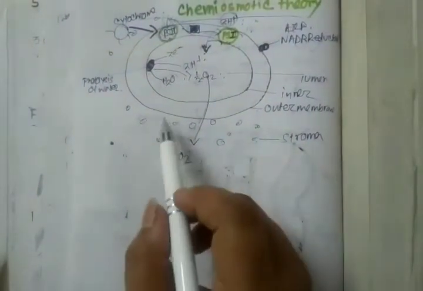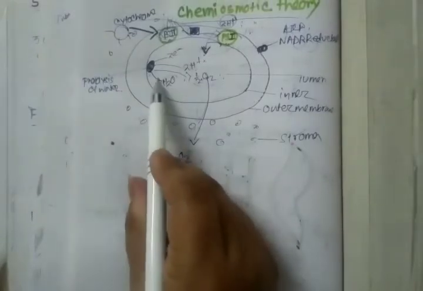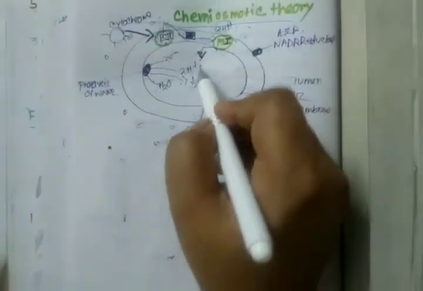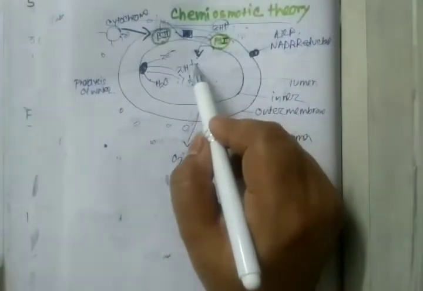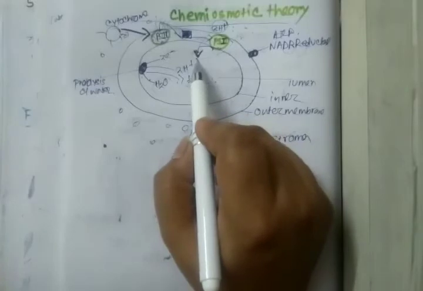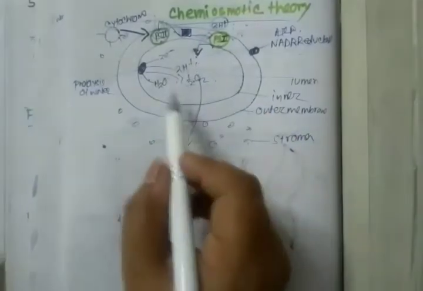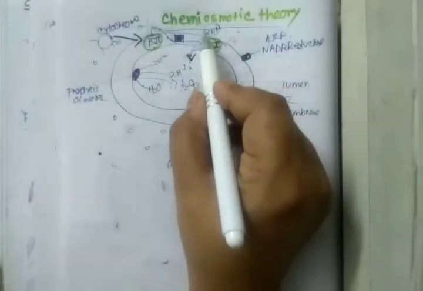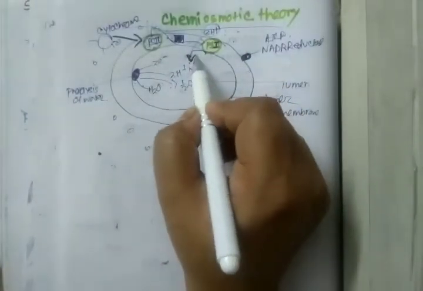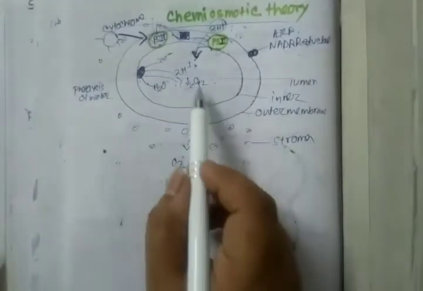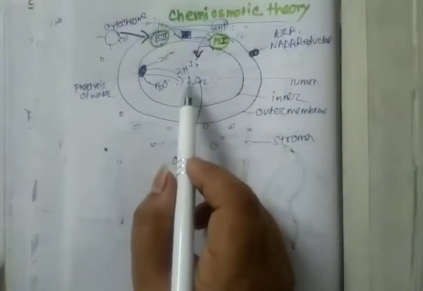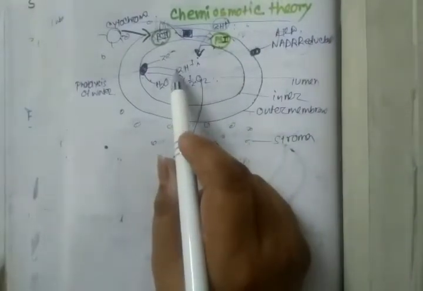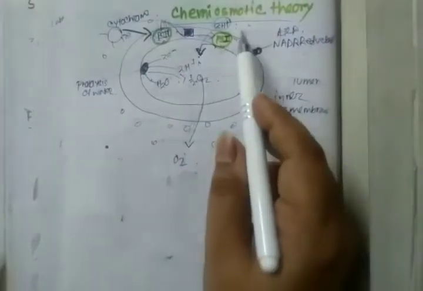So now the proton which is produced due to the photolysis in the lumen and the proton which is pumped into the lumen from the stroma, they are also accumulating in the lumen. So here are 2 protons, and here from the stroma 2 protons are accumulating. So there is an accumulation of protons in the lumen and a reduction of protons in the stroma.